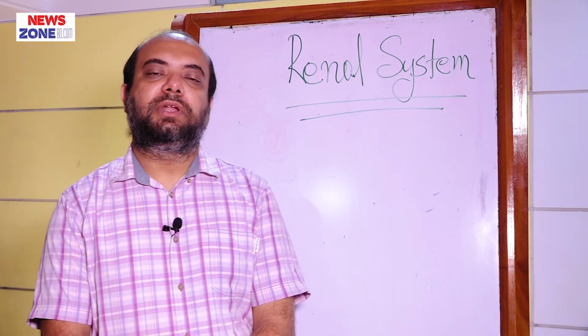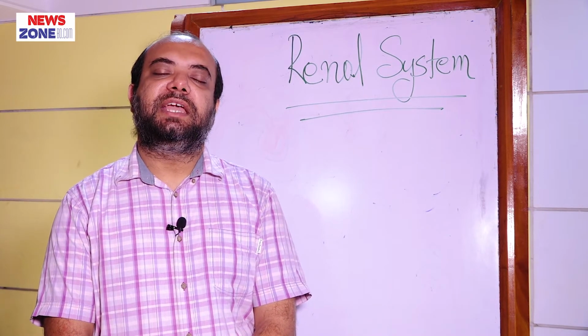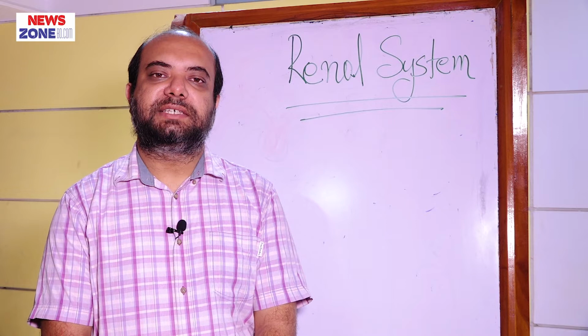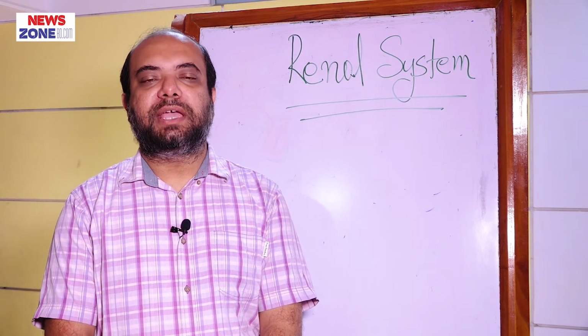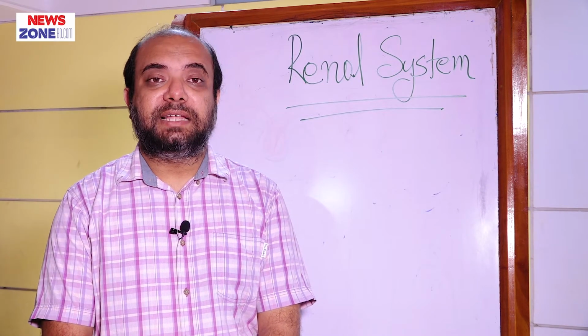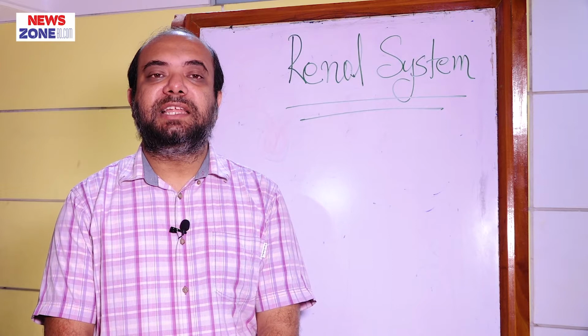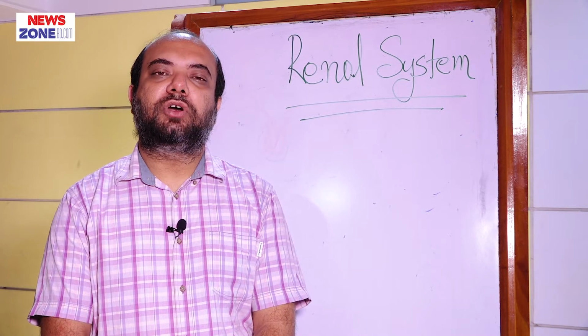So now we will come to the second cell, which is named macula densa cells. From the name we can have a vague idea of it. Macula densa means these cells are densely packed. Now we will know about the location of these cells.